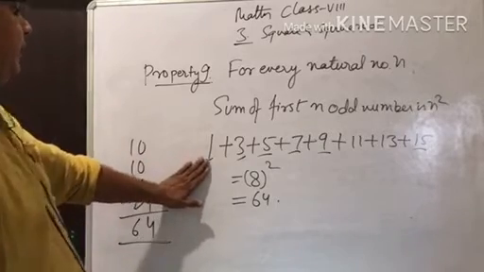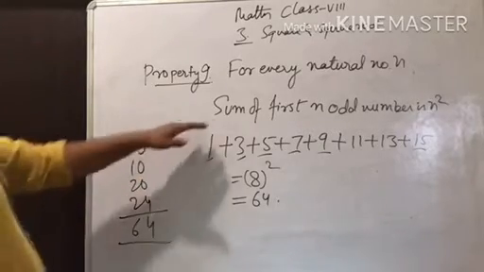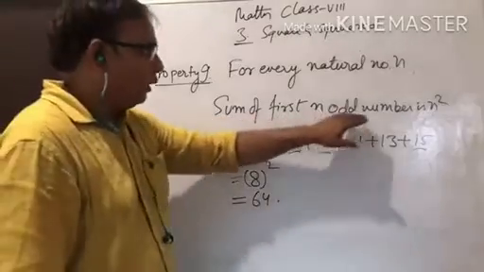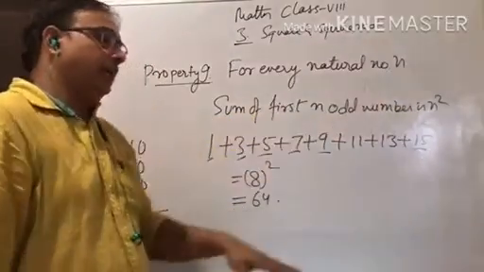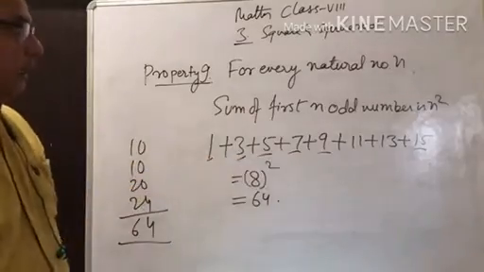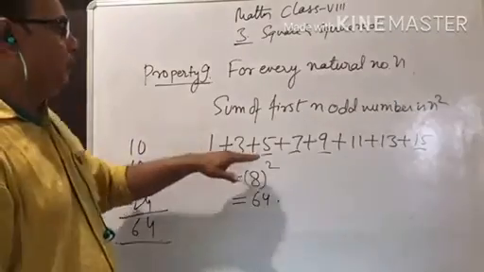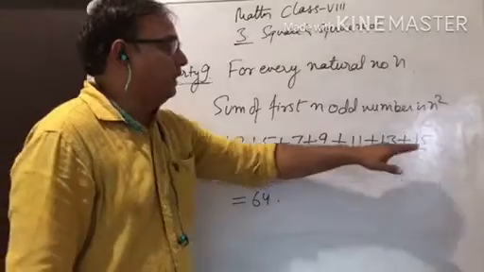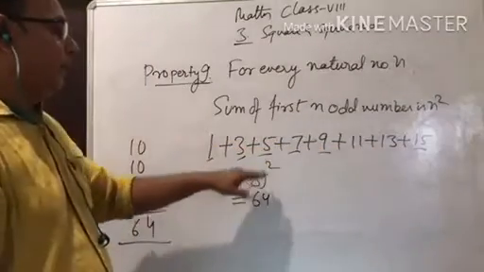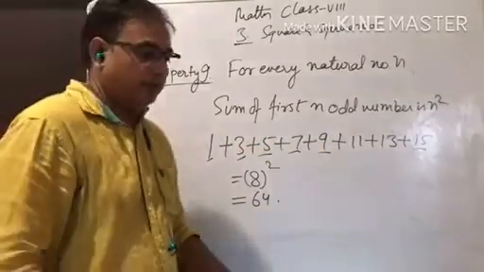So it is the way to find out the sum of the first n odd numbers is n square by using the formula n square. You just have to count 1, 2, 3, 4, 5, 6, 7, 8. So just write it is equal to 8 square, which is equal to 64.